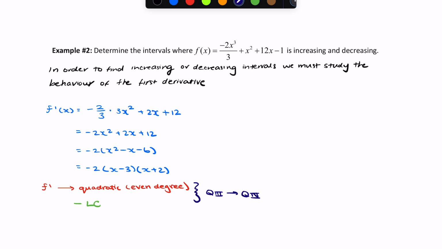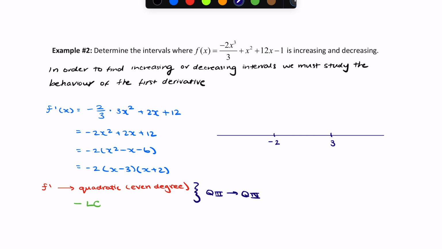And so now we will draw our inequality. And so here we have our two x-intercepts at negative 2 and positive 3.